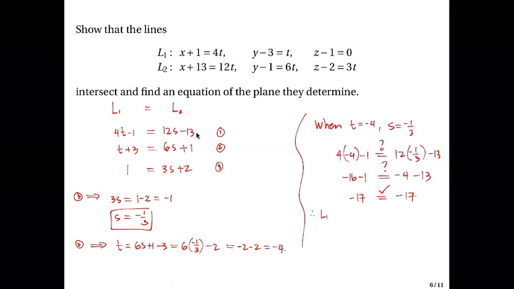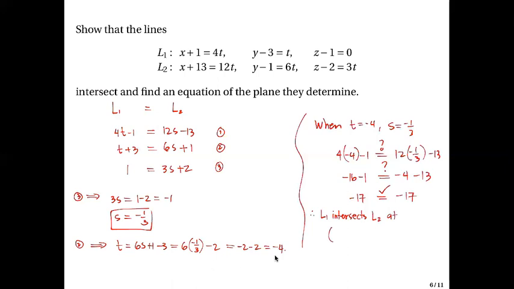So L1 intersects L2 at the point where you can use s equals -1/3 for L2, or you can use t equals -4 for L1. Let's just use t equals -4 for L1.